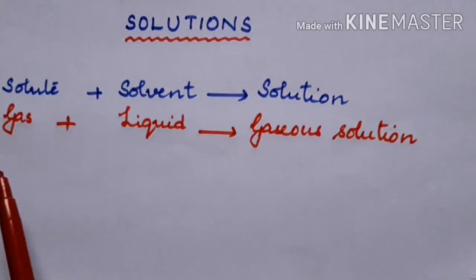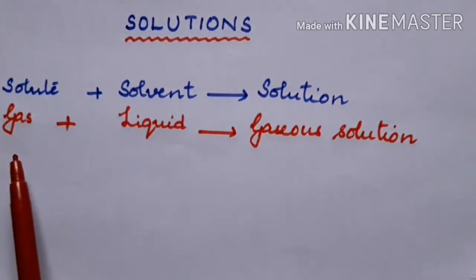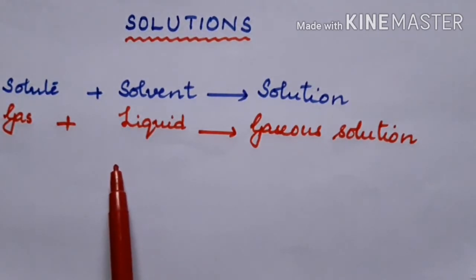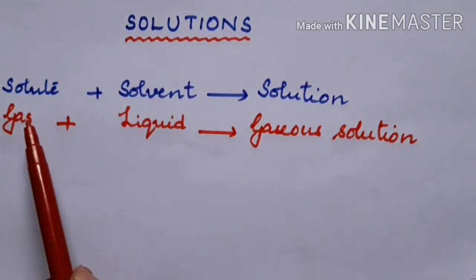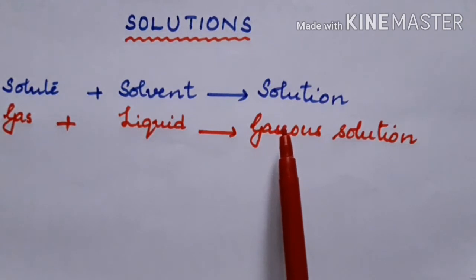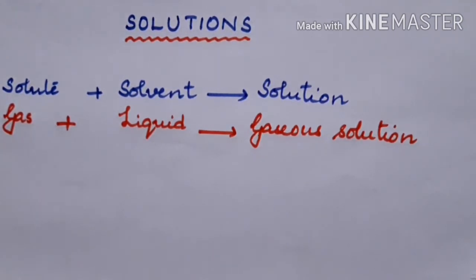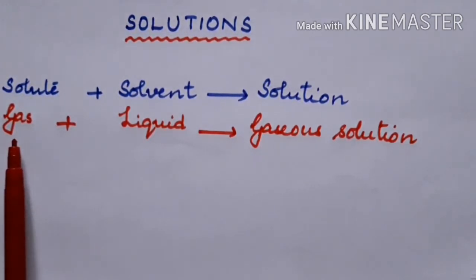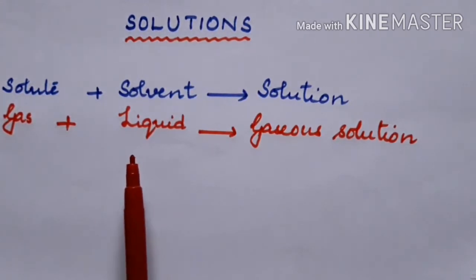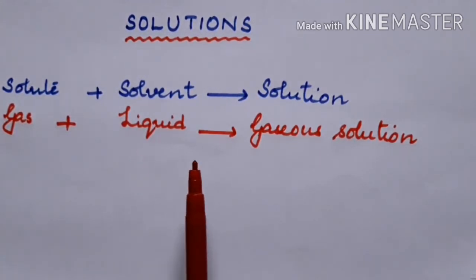We find that gases which are easily liquefiable are more soluble in the solvent, and dissolution of a solute in a solvent is an exothermic reaction. That means with increase in temperature, the amount of gas that gets dissolved in the liquid decreases.